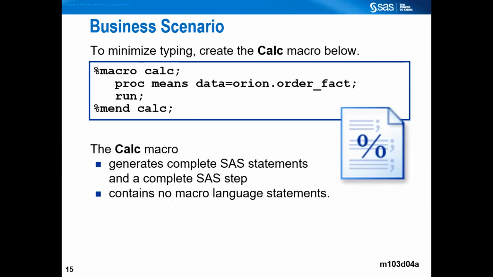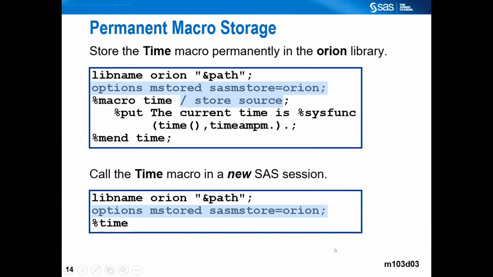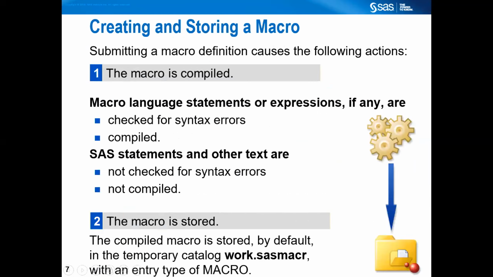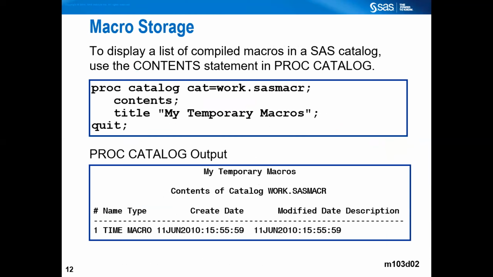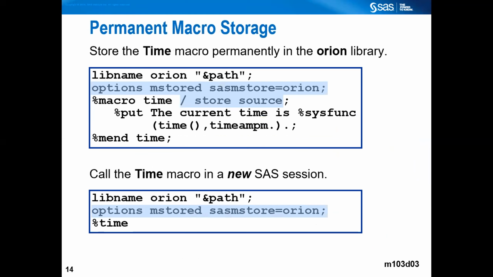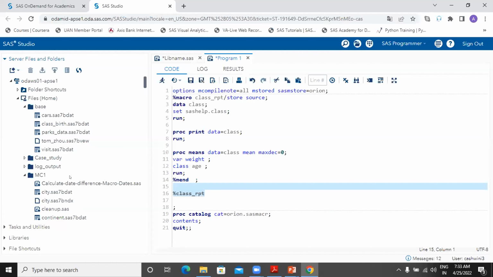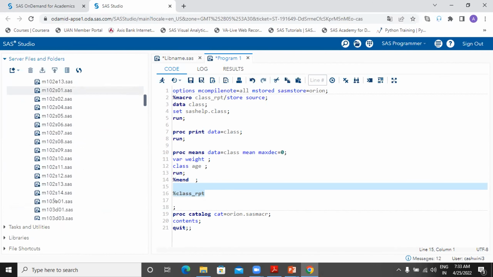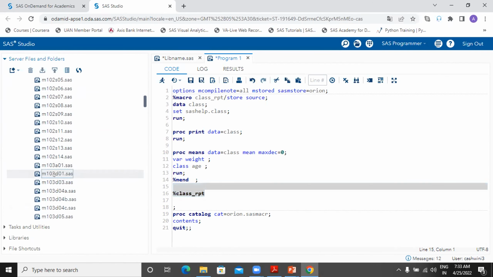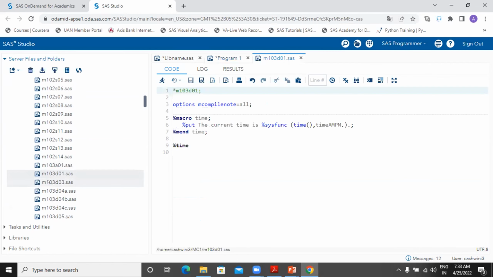But in case you want to work ahead with it, you can open the demonstrations D01, D02 and D03, which are for your M1, that is your macro. So in your macros, come to your program files for lesson 3, demo D01 and D03 are there.